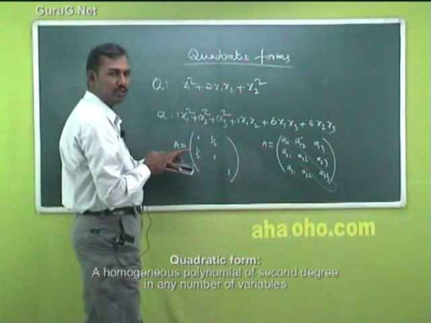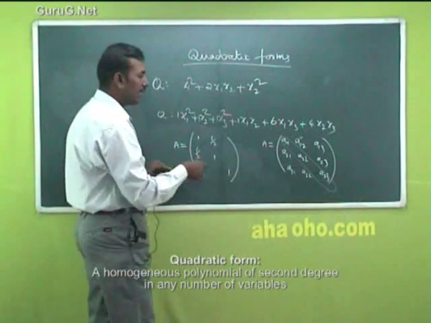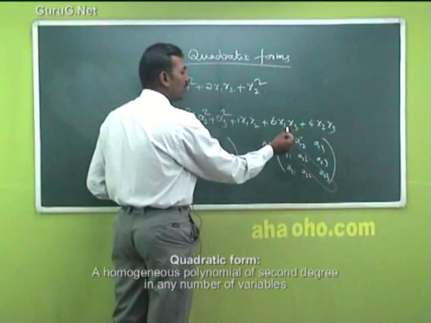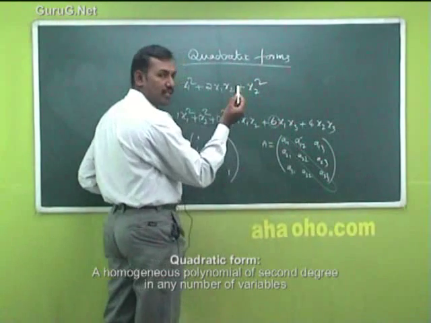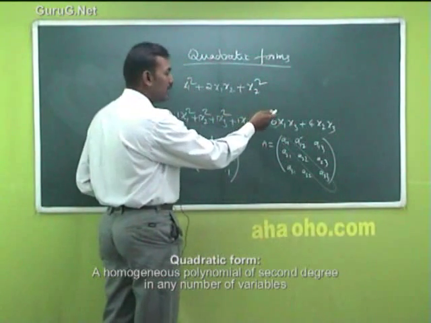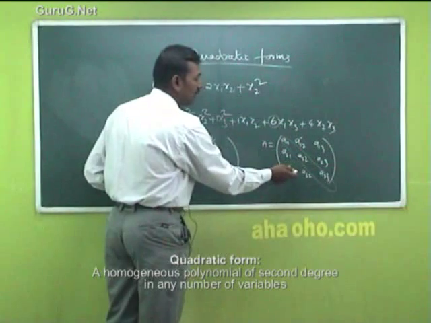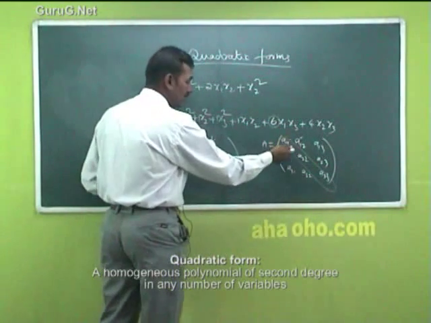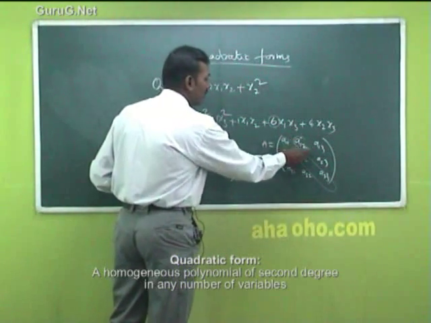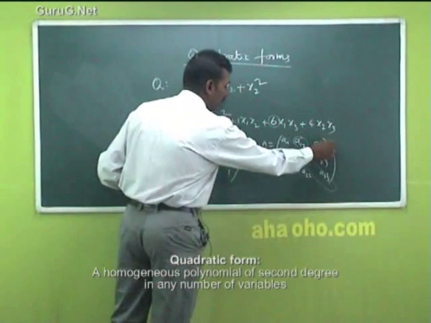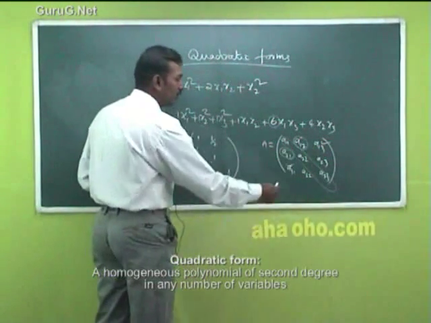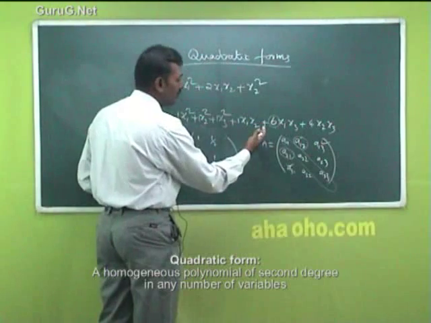So 1 by 2. Next, the coefficient of x1 x3 is 6. You divide by 2 and place it in the places A13 and A31. Since it is a real symmetric matrix, these values and these values are equal. Similarly, this one and this one are equal. So you divide the coefficient of x1 x3 by 2, you get 3.